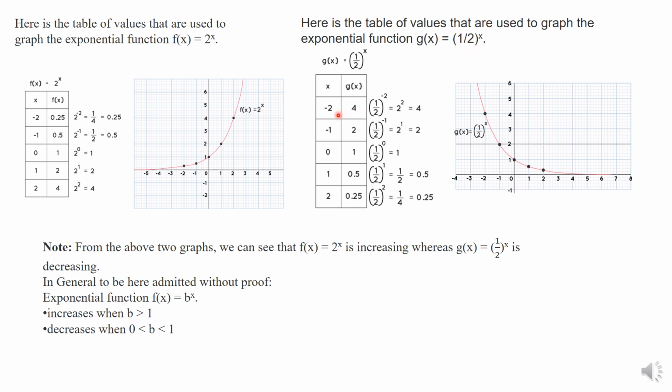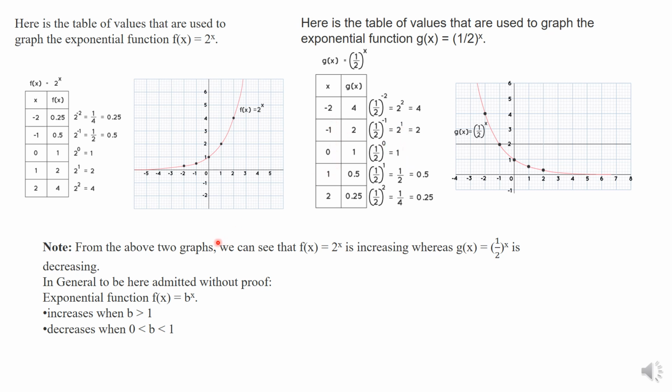Now let's move to g(x) = (1/2)^x. If x is -2, g(x) is (1/2)^(-2), which is 2^2, equal to 4. If x is -1, g(x) equals 2. If x equals 0, g(x) is 1, and so on. Note that g(x) will decrease as the values of x increase.